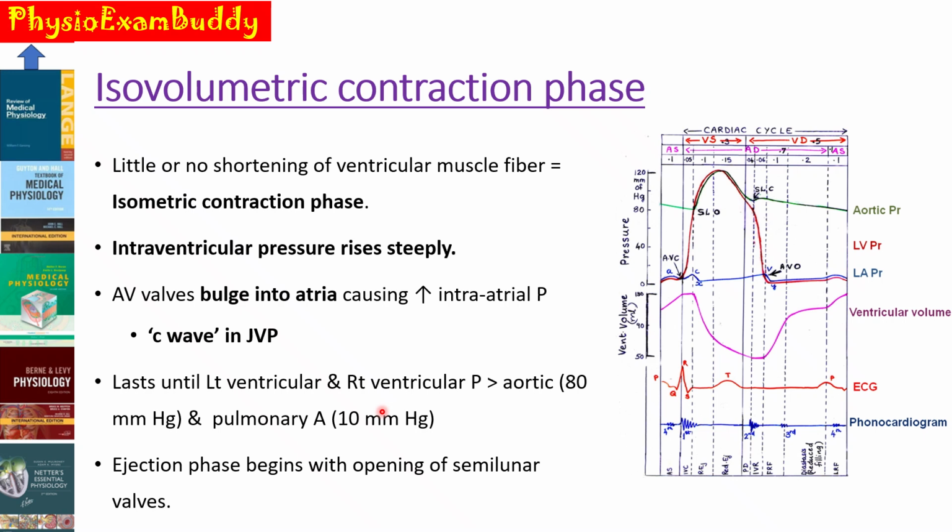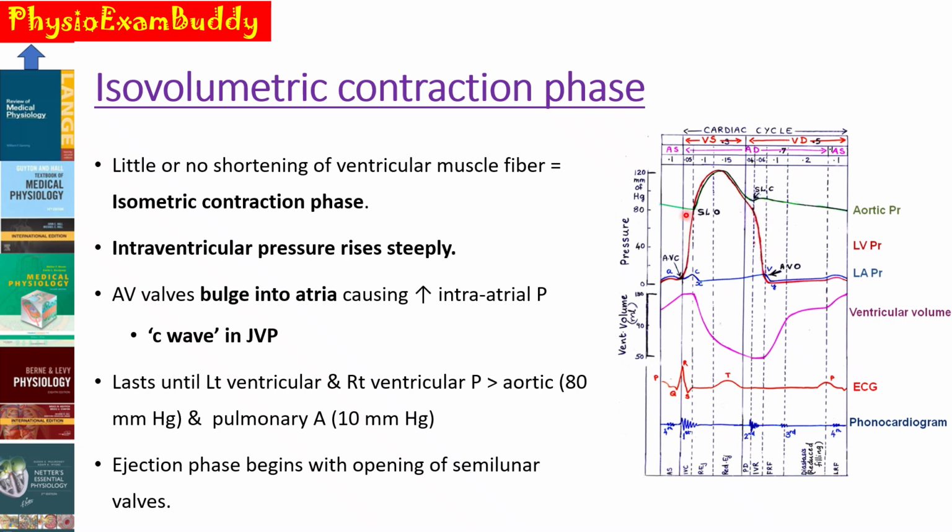Hence, it is also called the isovolumic contraction phase. During this phase, there is little or no shortening of the ventricular muscle fibers. That is why it has another name, the isometric contraction phase. During this phase, the intraventricular pressure rises steeply.